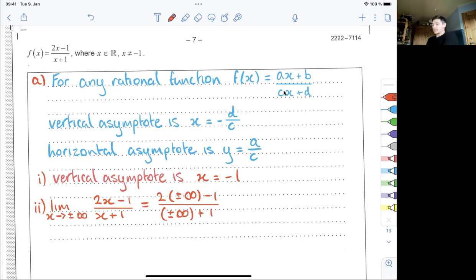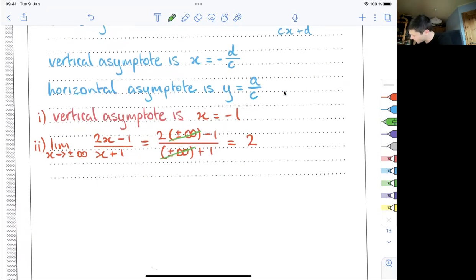Now, the −1 on the top and the +1 on the bottom, considering we're working with infinity here, will do very little to the value of this limit. Specifically, all we're going to be looking at is the coefficients of x, or the coefficients of positive and negative infinity. And so we're going to say that this is equal to 2, because effectively this cancels out with this, and the −1 and +1 basically make no effect.